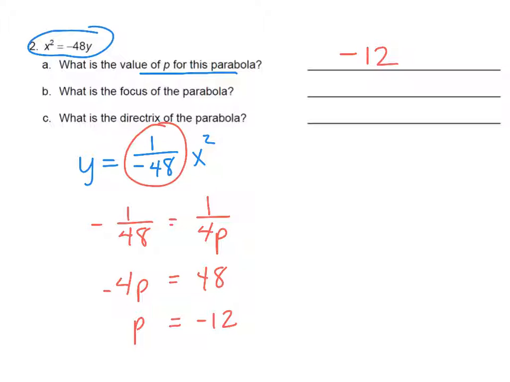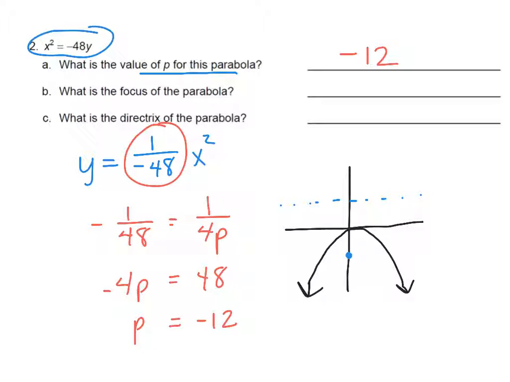So let's think about what that negative 12 actually means. That coefficient is negative, so if I sketch this out, it means our parabola is opening downward with the vertex at (0, 0). It also means that my focus is somewhere in here, and my directrix is up here. That will help me write the coordinates for the focus.